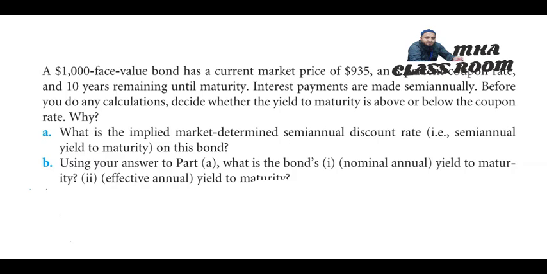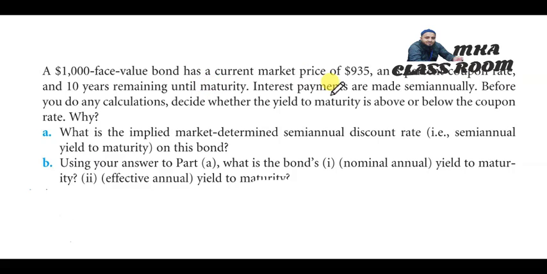Before you do any calculations, decide whether the yield to maturity is above or below the coupon rate, and why. What is the implied market-determined semi-annual discount rate, semi-annual yield to maturity on this bond? Using your answer to part A, what is the bond's nominal annual yield to maturity, and effective annual yield to maturity?